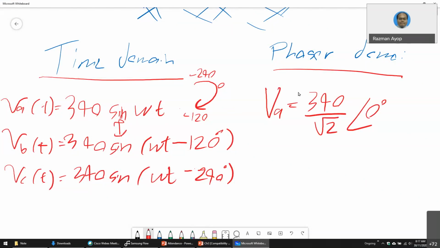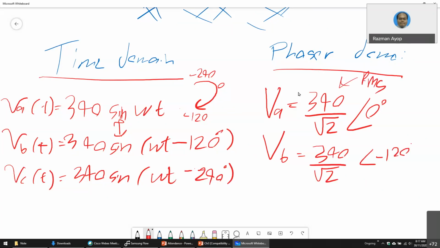How about VB? VB, capital letter, 340 divided by square root 2, so remember RMS, angle negative 120 degrees. And VC is equal to 340 divided by square root 2, angle negative 240.